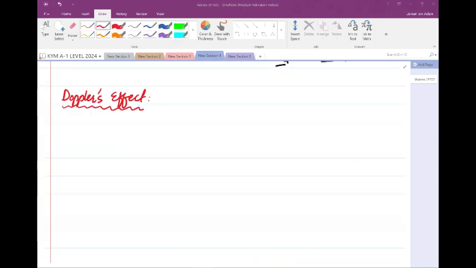All right, so the next concept that we are going to discuss from this chapter is going to be the Doppler's effect. We would have to define it for 2 marks.